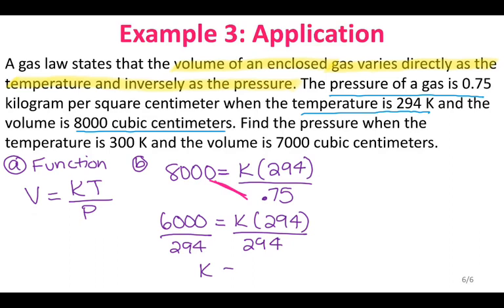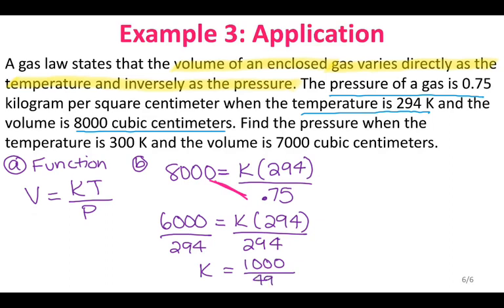So K equals 6,000 divided by 294 gives us a decimal. I'm going to go ahead and change it to a fraction, because why not? Gives us 1,000 over 49.